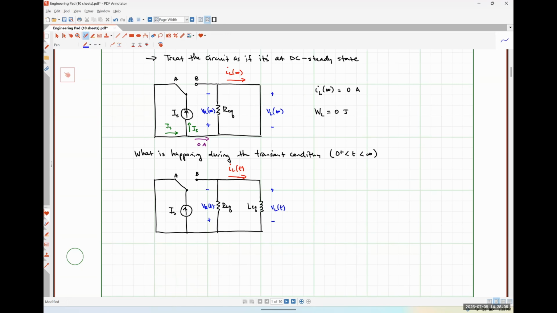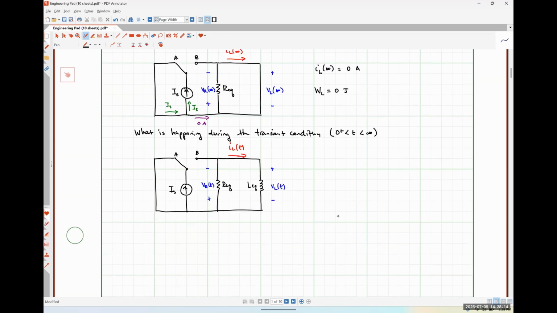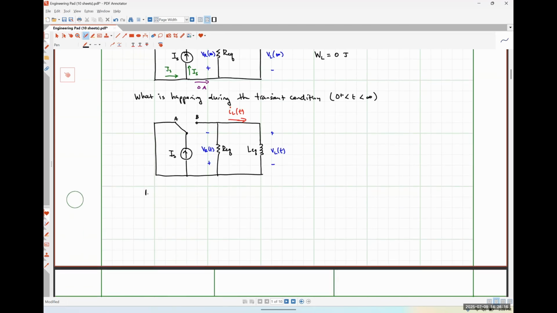I'm going to apply Kirchhoff's voltage law around that right-hand loop. Let me just put right-hand loop here.